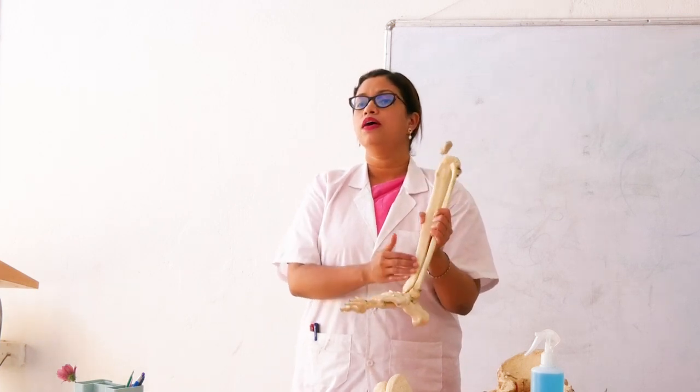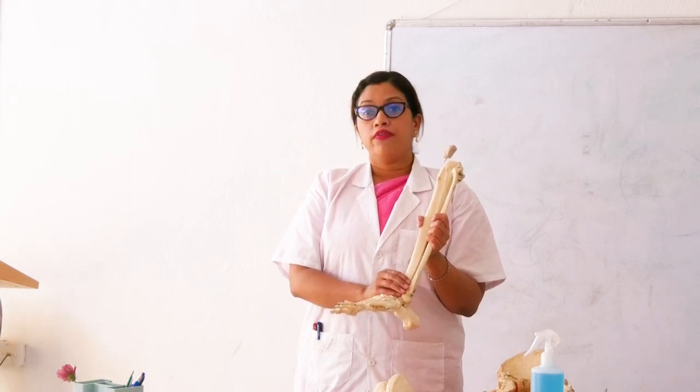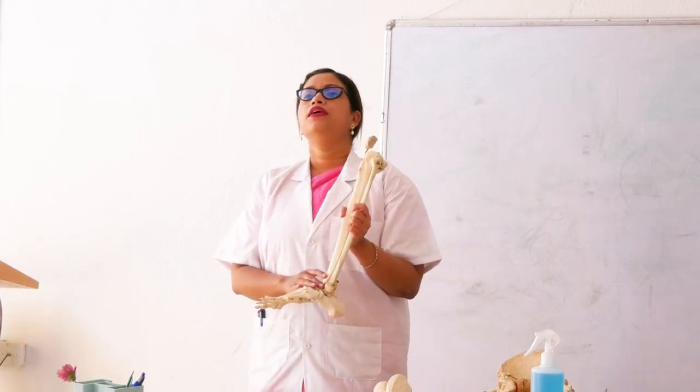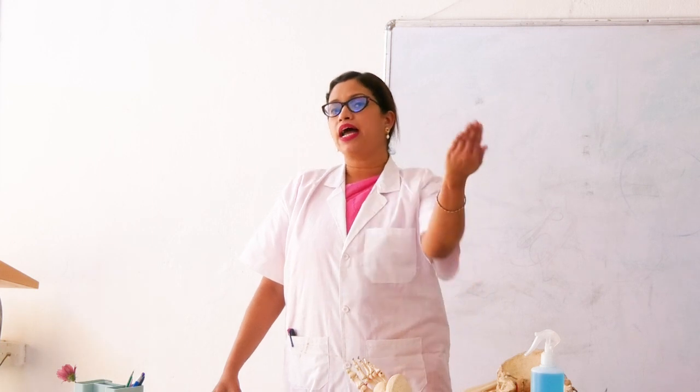Tibia, fibula, lower end. Very good. It will help in dorsiflexion and plantar flexion. But what about the superior and inferior radioulnar joint? That is not rotation, that is known as supination and pronation. Okay, so whenever you are asking something, this is known as supination.